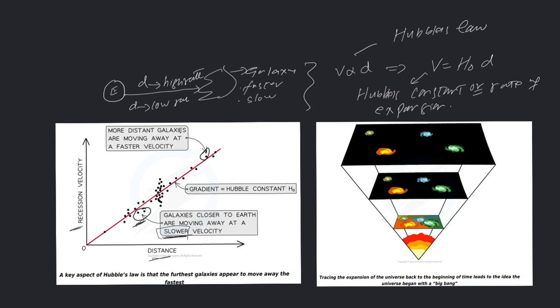These galaxies are more distant, further away from the Earth, and they are moving at a faster velocity. The gradient of this line gives you velocity over distance, which is the Hubble constant.